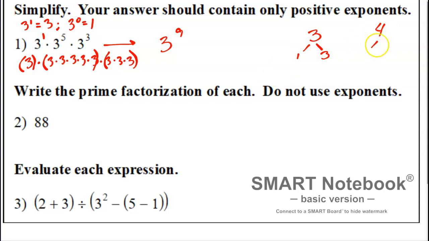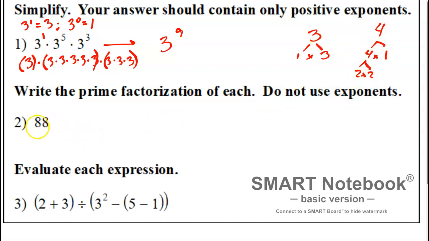Well, it's not, because it can be divided by 2. 1 times 3, that's it. It doesn't break down any further. 4 times 1 does break further. We get 2 times 2. So prime numbers are numbers that can only be divided by 1 and itself. If it can be divided by something else, it's not prime.